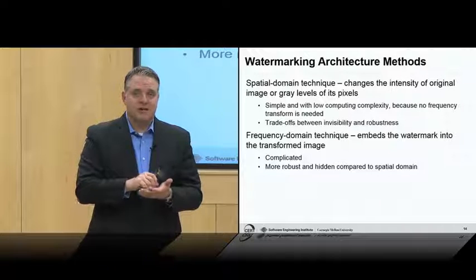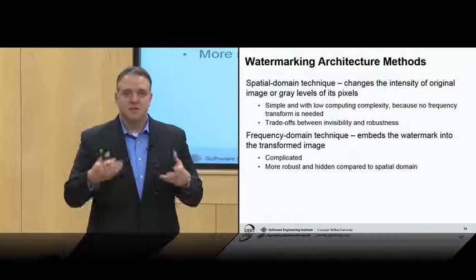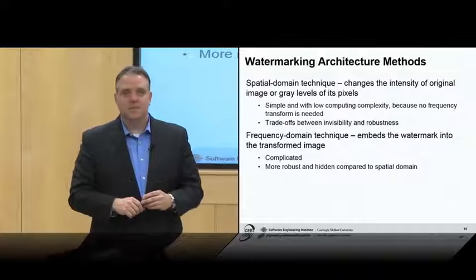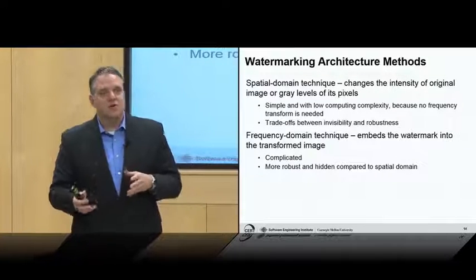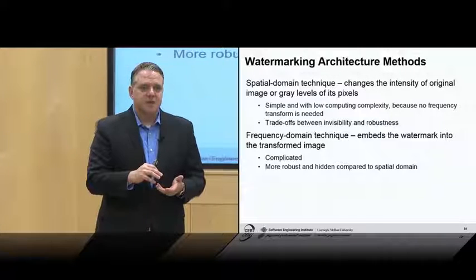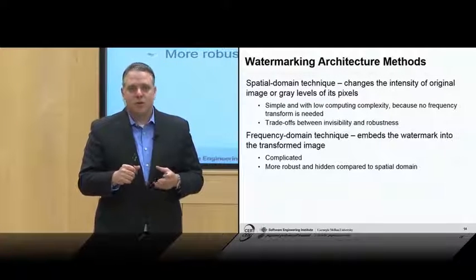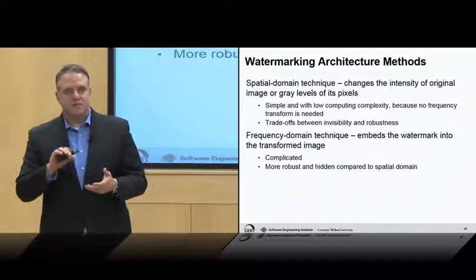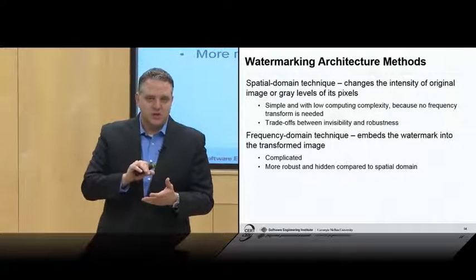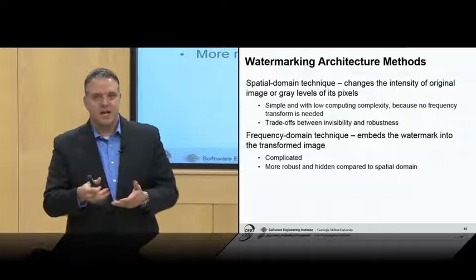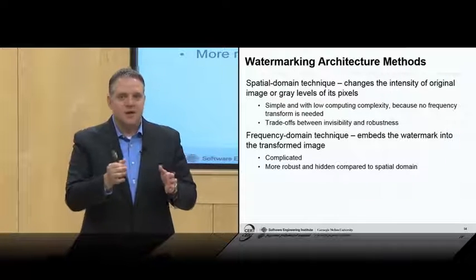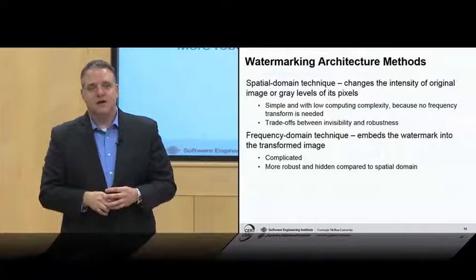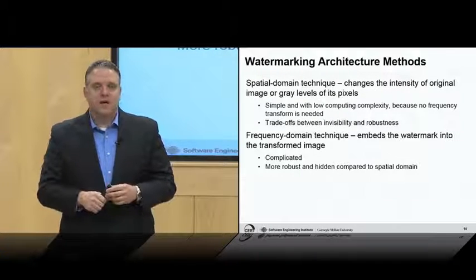And this is very easy computationally, so you see this being done for wide, high-use implementations. And then you can do frequency domain techniques as well, where you're embedding the watermark information into the image, and it's very robust. It's usually not detectable by the naked eye. You really have to do some type of pattern analysis on it to actually see the fact that there's a watermark in there.